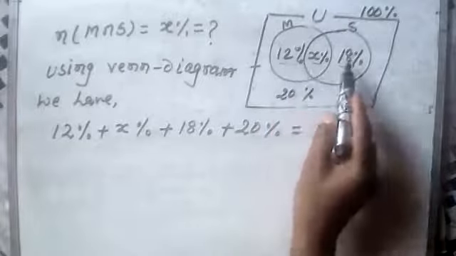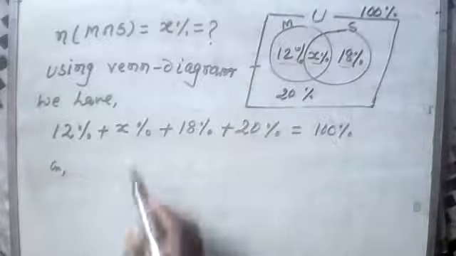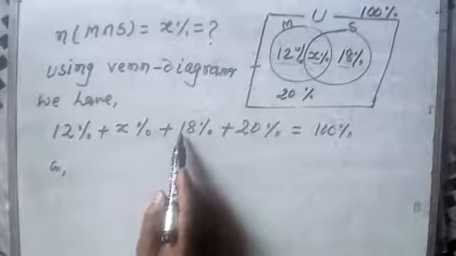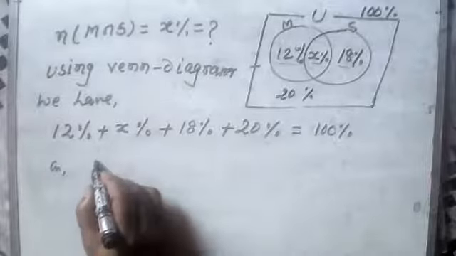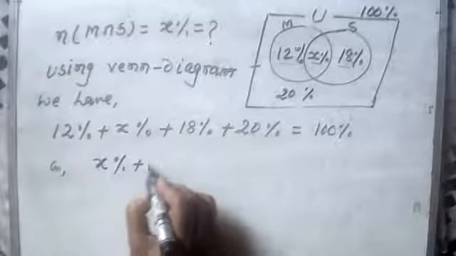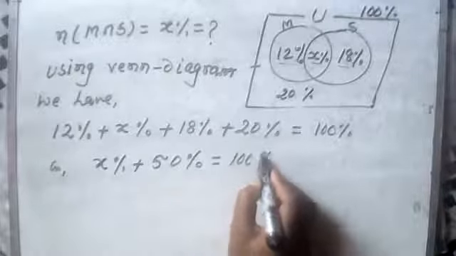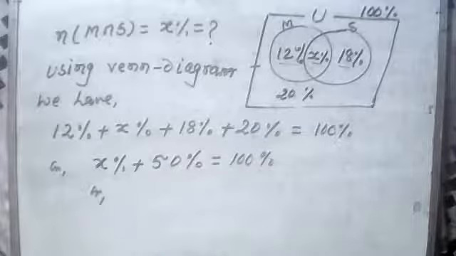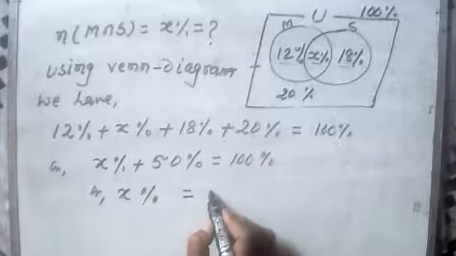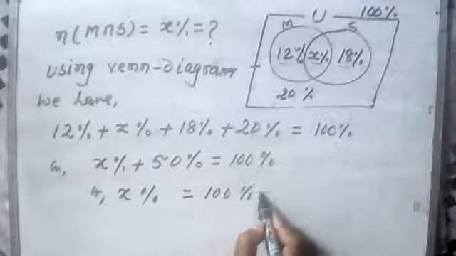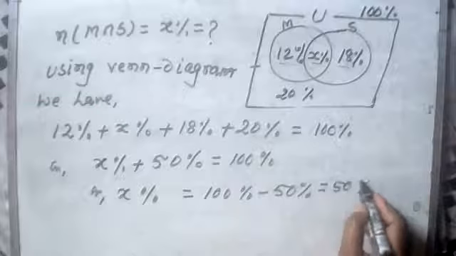Now 12 and 18 make 30, and 20, that is 50. So 50 plus x percent gives 100%. Now isolate x. The 50% is transposed to the right side and becomes minus 50%, 100% minus 50%, that is equal to 50%.